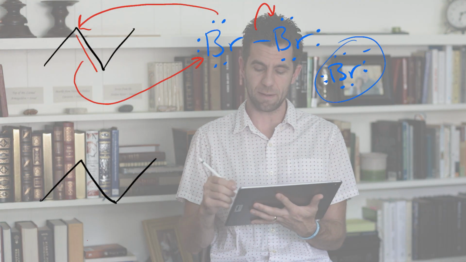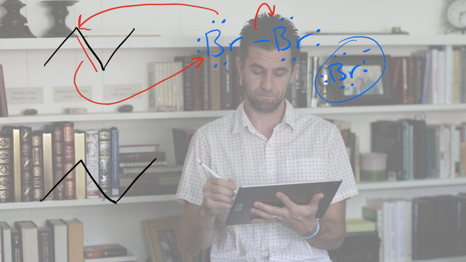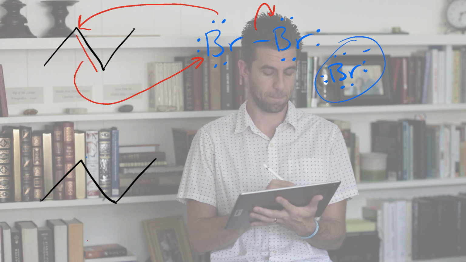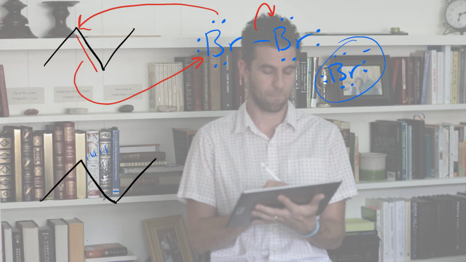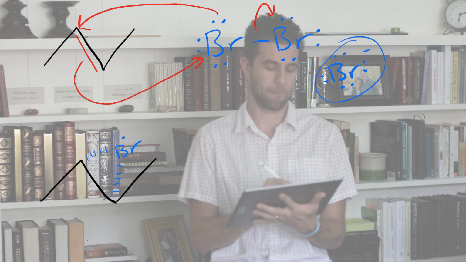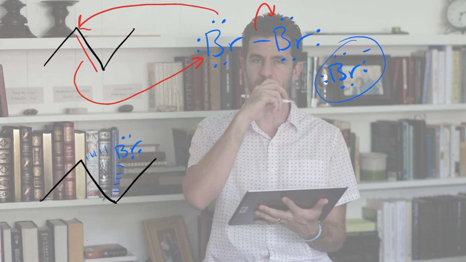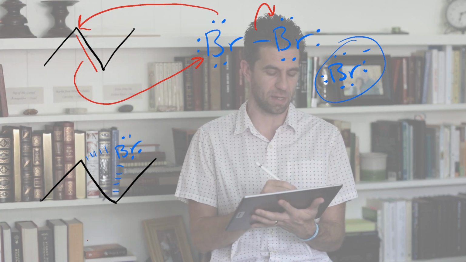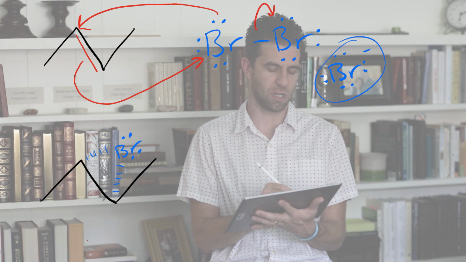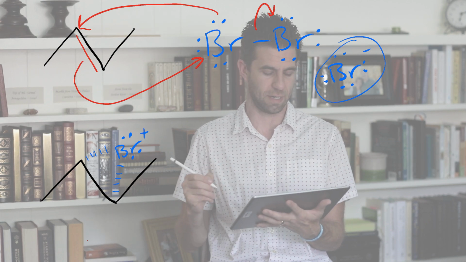We're going to get our Br, and because our Br has two bonds, if you remember the trends I taught you a while ago, this Br is actually going to have a positive charge on it.